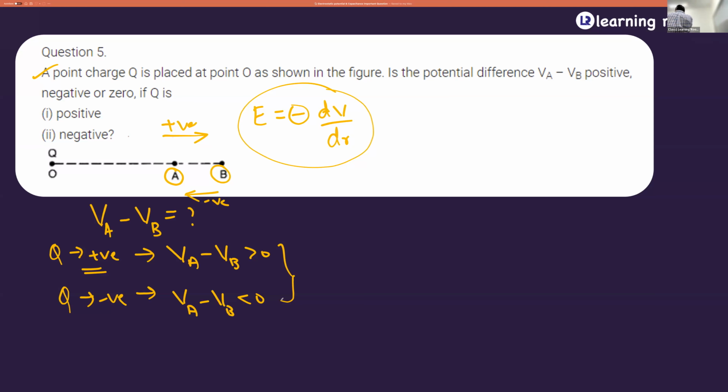So make a note of this. You don't write the question, just write down the answer. I'll share this PPT after the class.